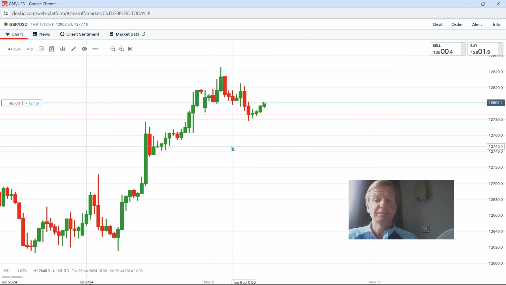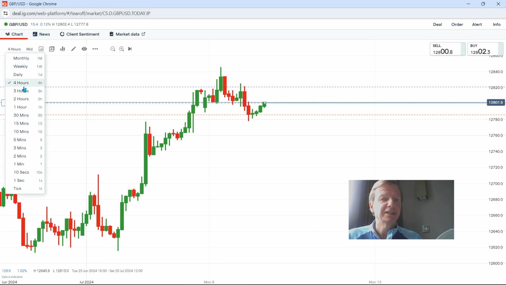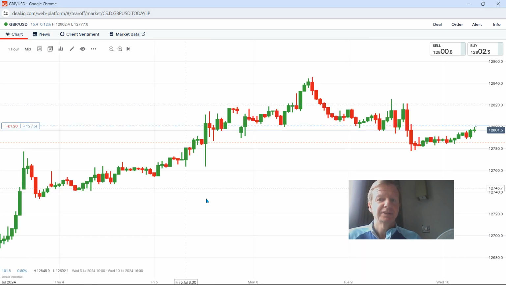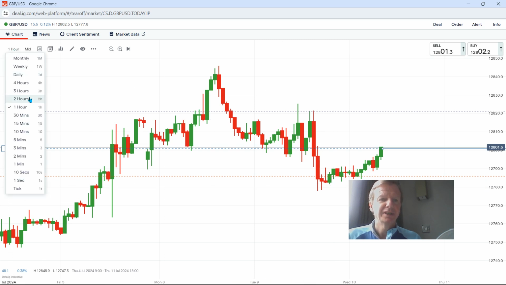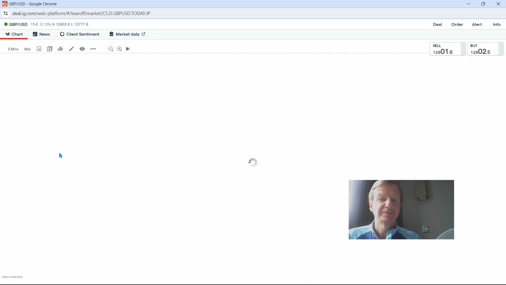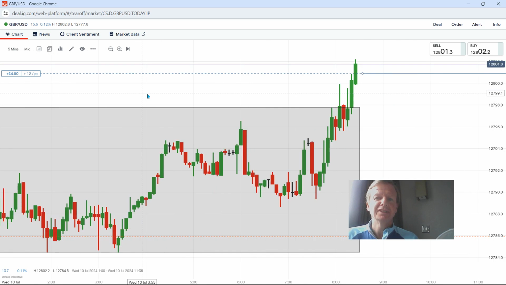It looks pretty good at the moment, but things can change. I'll go back and have a look at the hourly. That's the hourly coming up. It's been coming up since probably about Tuesday at 8, so that looks good. And then we go to the 5 minutes, which is what we're on at the moment. And as you can see, it's coming through.